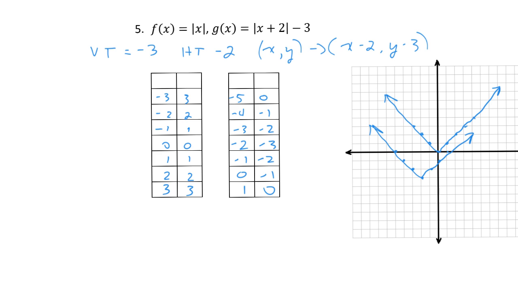Whereas this one, because there's a couple of things happening, calculating a new table of values, especially if we started at -3, we would see just this little notch area of the V, and then we would only see the right side of it.